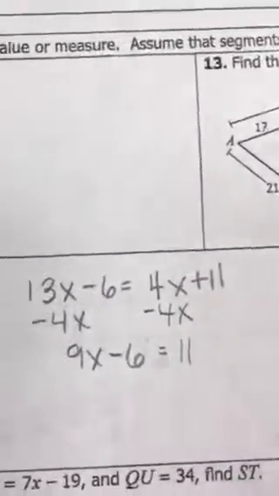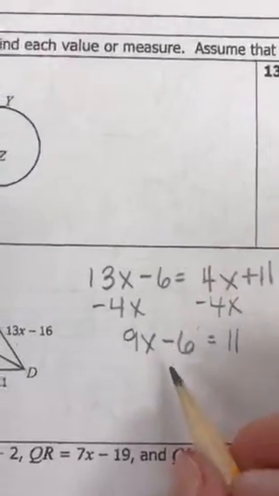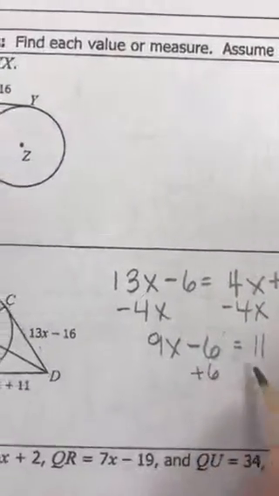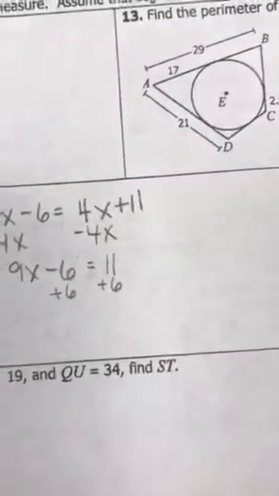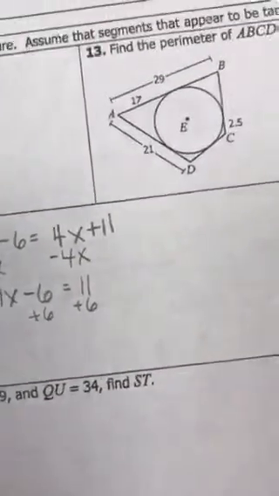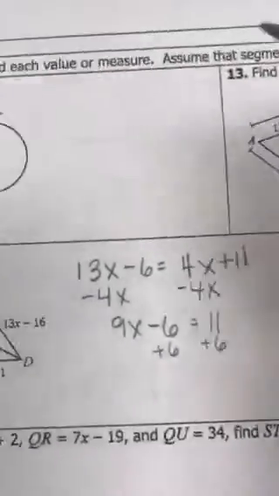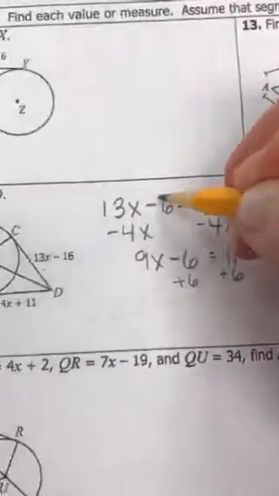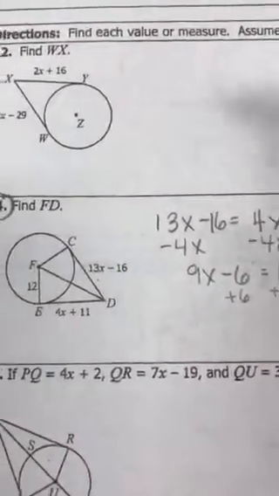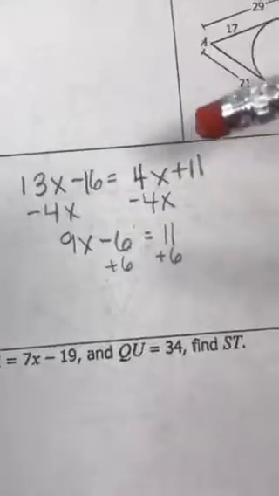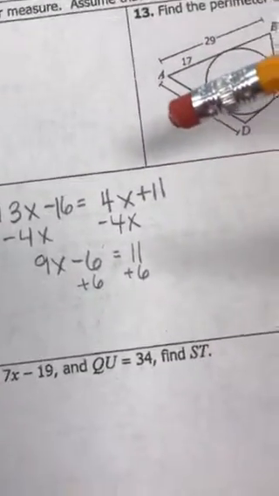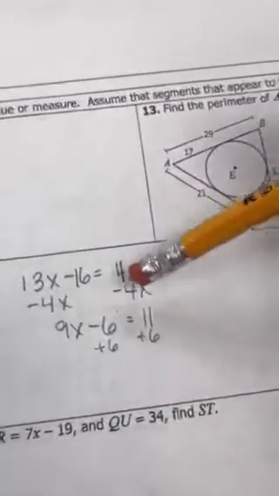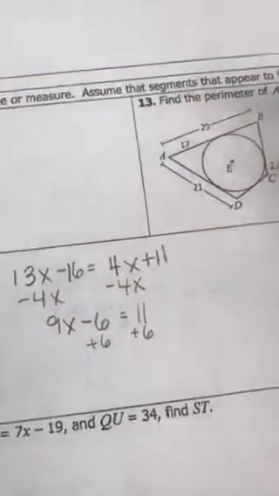Okay, and then add 6. Oops, I just realized that I wrote this wrong. This is 16. So that's going to change some things here. All right, so if I subtract 4x, I get 9x.